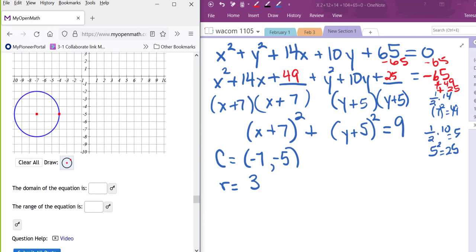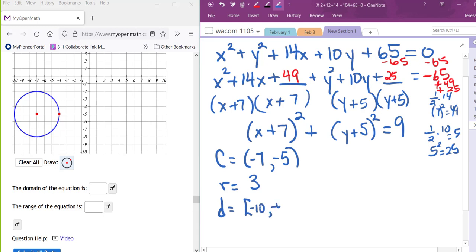Domain, we can do just from the picture. So we have -10 and -4. And your range, let's make sure we could do this algebraically. So let's remember, -5 minus 3, we should have a -8 there.